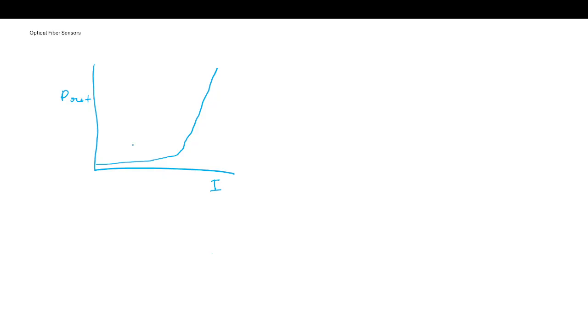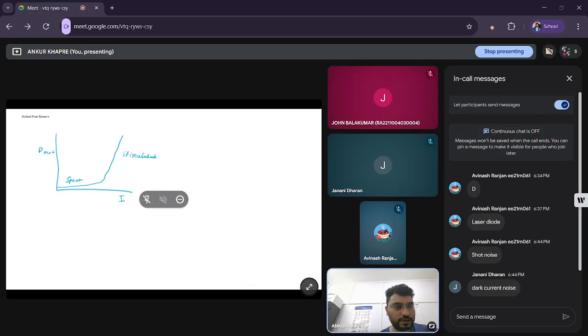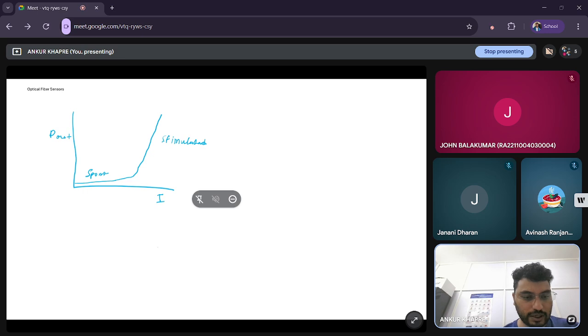Okay, this first part is because of the spontaneous emission, and this later part is because of the stimulated emission. Okay, then as we are discussing those things, let's move to the next thing.